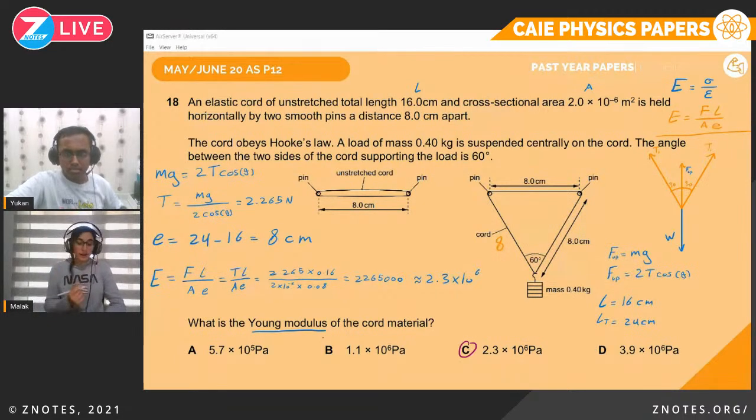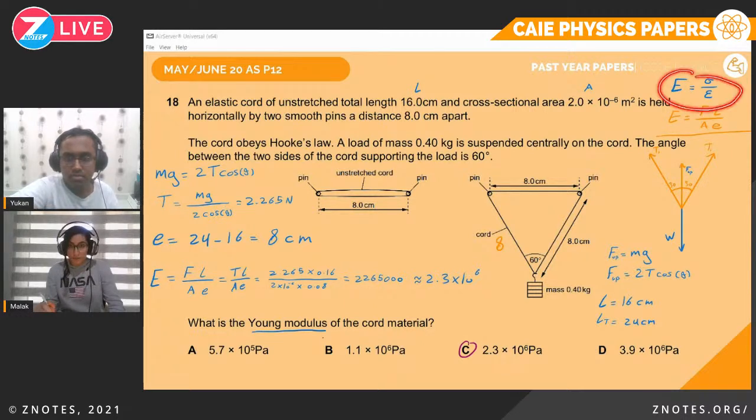All right? So right now we simply have a cord that's 16 centimeters, unstretched. And we put two pins here, and this is how it looks. We put a mass over this side, and it made this equilateral triangle with the angle 60. Now, we need to find the Young modulus. The equation of Young modulus is E equal to stress over strain.